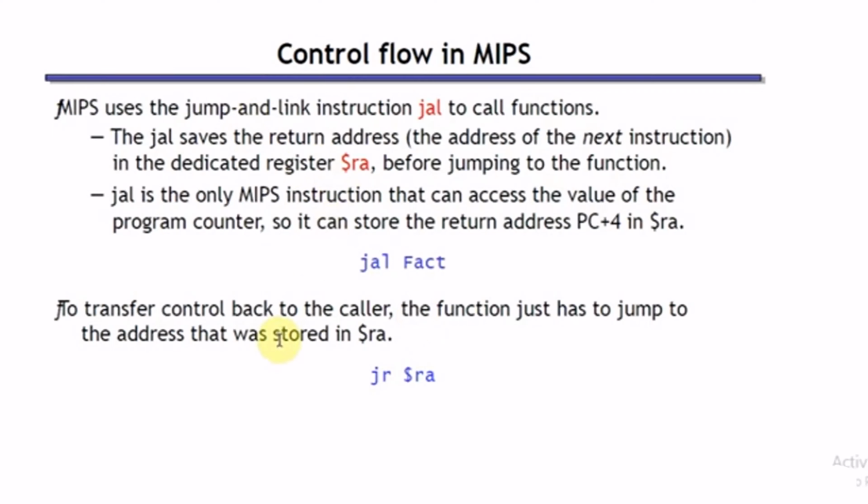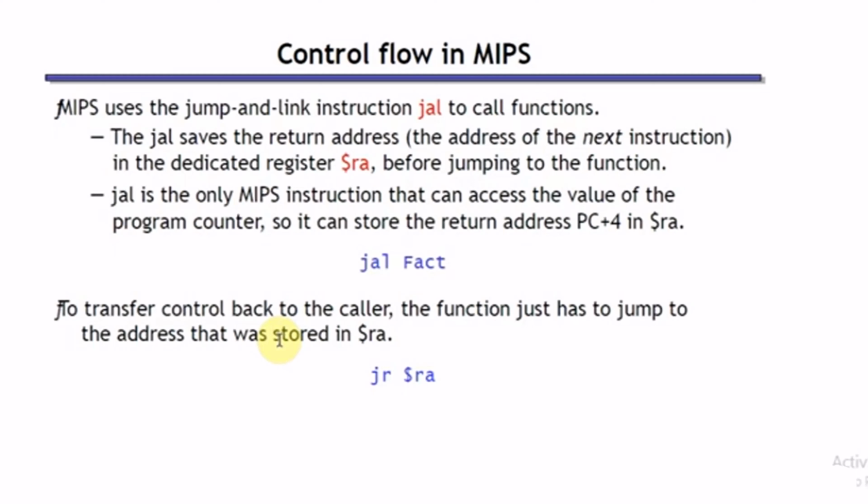The return address is always stored in a specific register, register $31 or $ra, the return address register. This register is dedicated for this purpose.